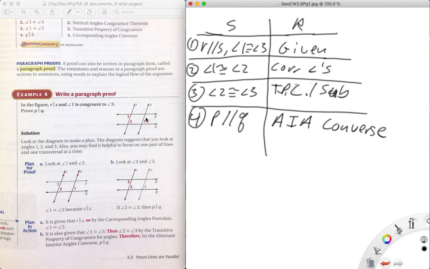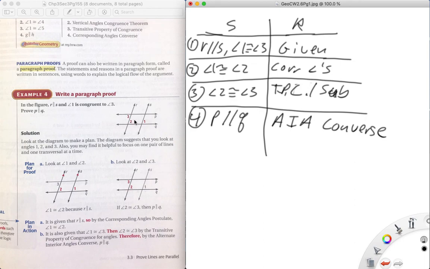If we look at 1 and 2, in your mind, try to get rid of that P. That P doesn't exist right now. This would be my transversal. We were already told that R and S are parallel. So 1 is congruent to 2 because they're corresponding angles.